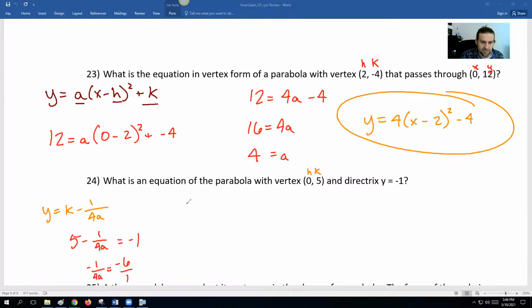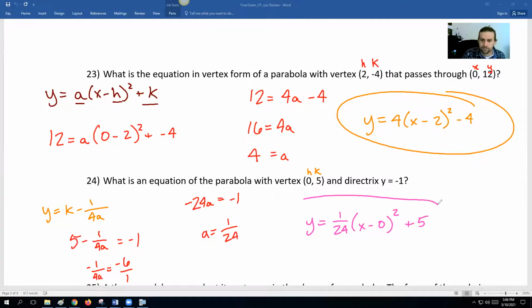So 4a times -6 is -24a. -1 times 1 is -1. So if we divide, a would be 1 over 24. So the answer would be y equals, a is 1 over 24, x minus h is 0. So you can put x minus 0 squared or just x squared, and then plus k is 5.